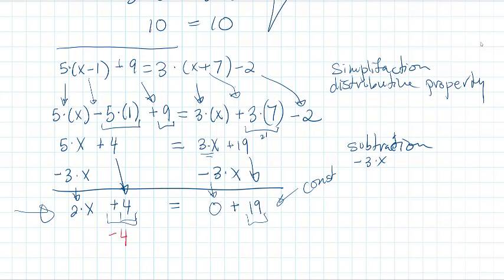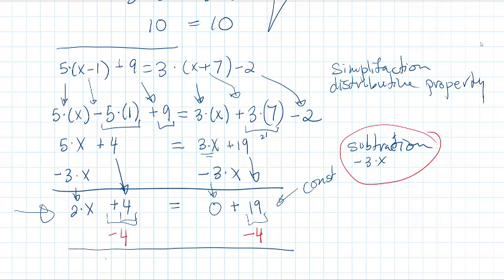So we will subtract 4 from both sides, and that means we're using again the subtraction property. And what do we have left? On the left-hand side we have 2 times x. The 4 minus 4 cancel, and 19 minus 4 on the right equals 15.